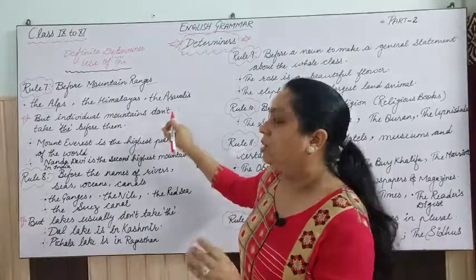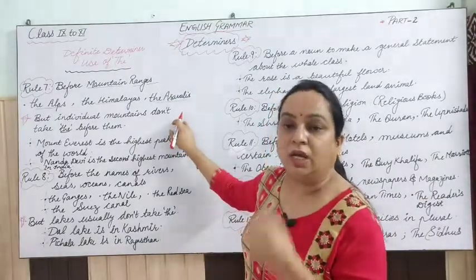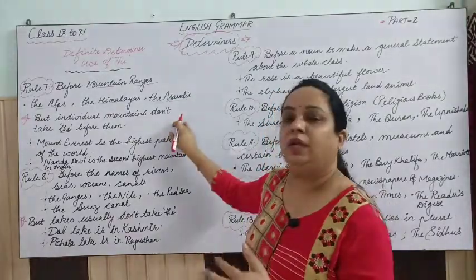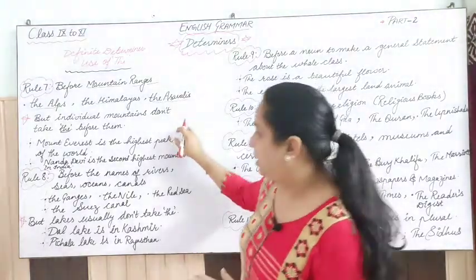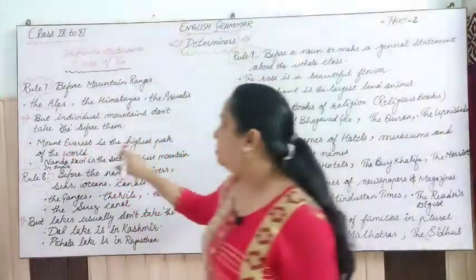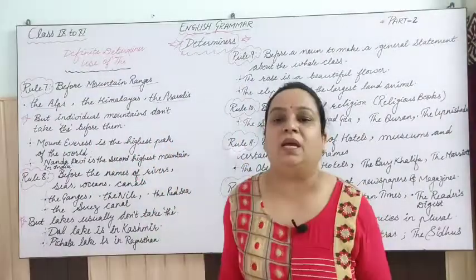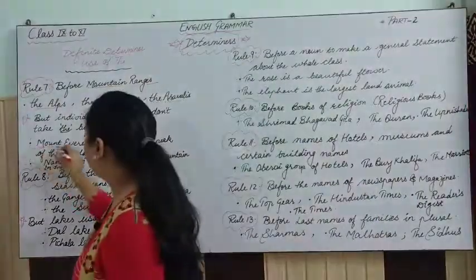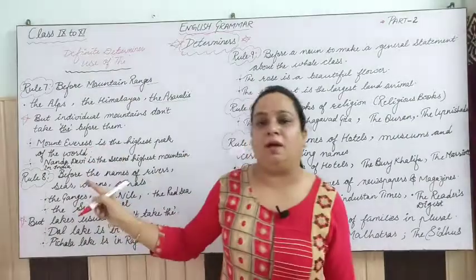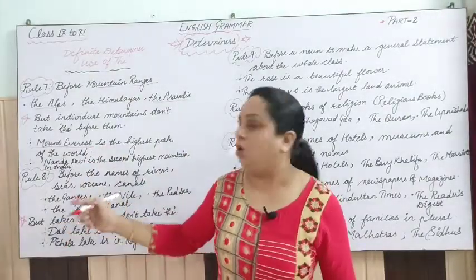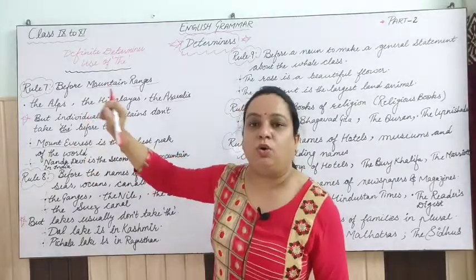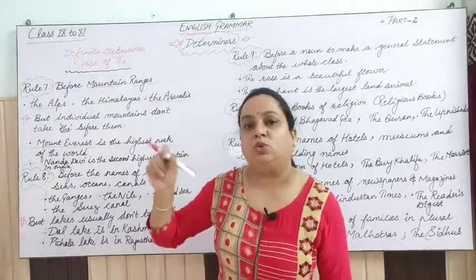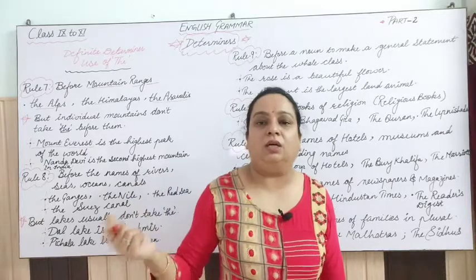But when we are talking about an individual mountain, we will not use the, right? For example, Mount Everest is the highest peak in the world. So here Mount Everest is an individual mountain, so we are not using the with that. But the Himalayas is a mountain range, so we are using the here.